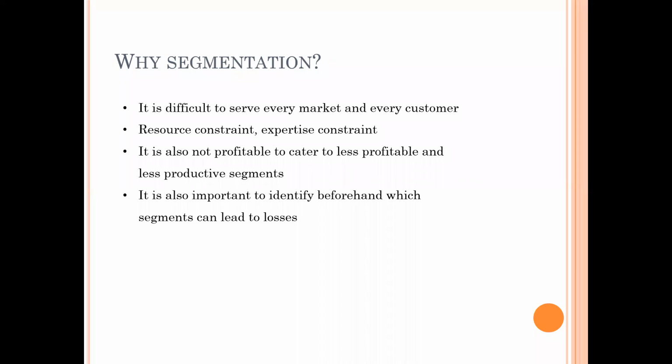We generally try to focus on certain groups of people or certain groups of observations, like cities, as I was talking about, so that we can focus on them. We generally have some constraint in terms of the capacity to handle all of them. Profitability can be an issue, etc., for which we do this segmentation.